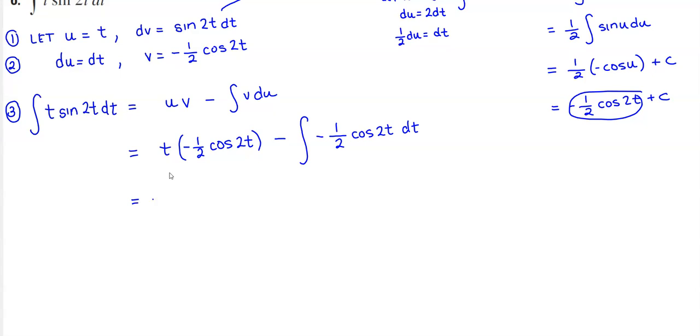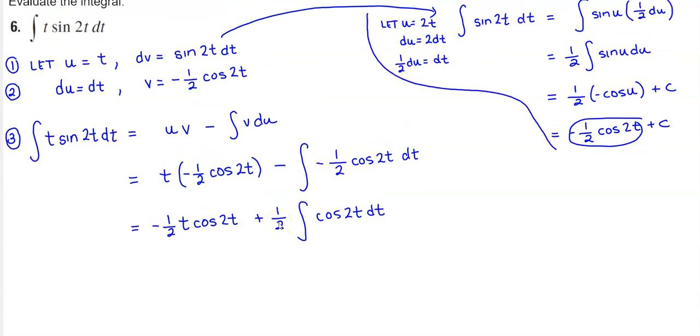So we get negative 1/2 of t times the cosine of 2t. We factor out the negative 1/2, so the negative times the minus is going to be plus 1/2, and then we have times the integral of the cosine of 2t dt.